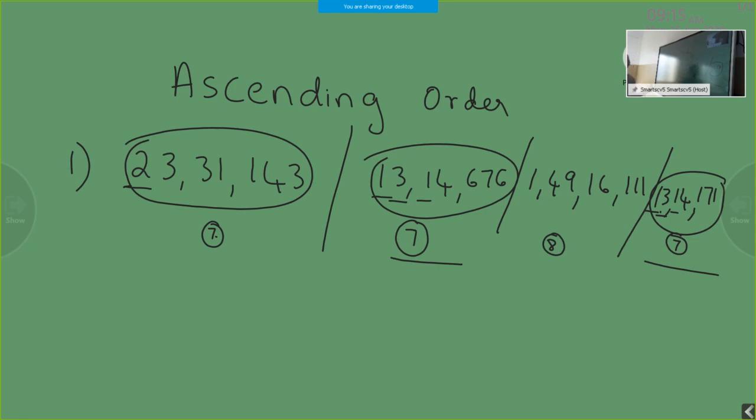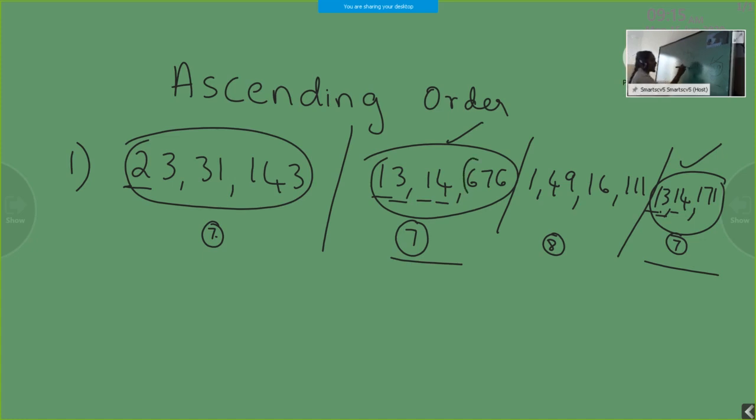How will you compare? Starting from the leftmost position, 1 is there in the leftmost position. Then the second position is 3. Now go to the next digit, again that is 1. Going to the next digit, it is 4. So when you compare these two numbers, we have to move to the digit in the hundreds place, which is different.